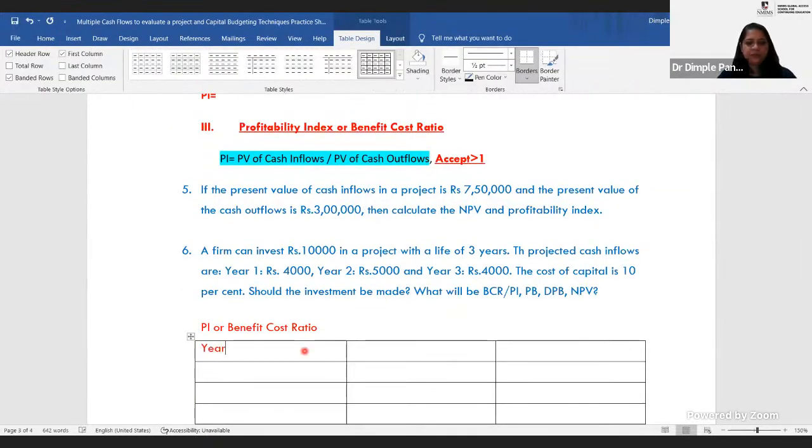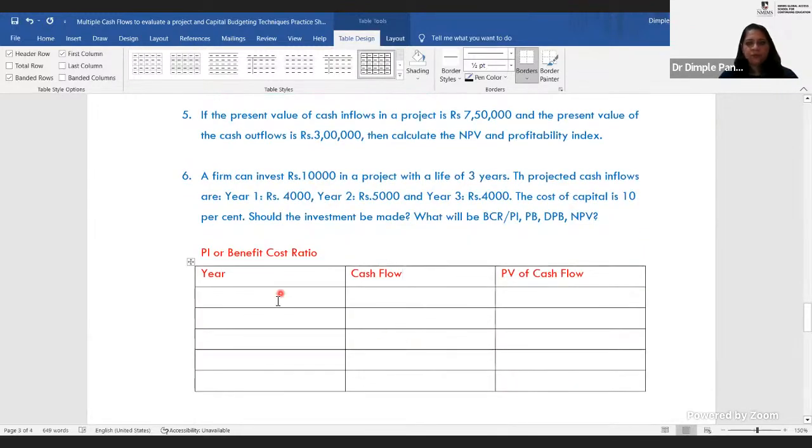So let this be the year. This should be the cash flow. And this should be the present value of cash flow. How many years do we have? 1, 2, and 3. This I can delete.